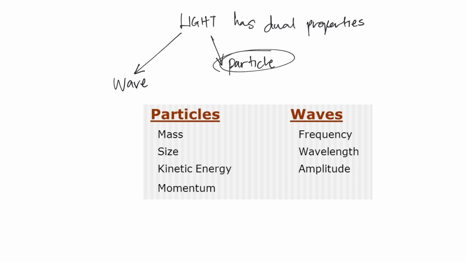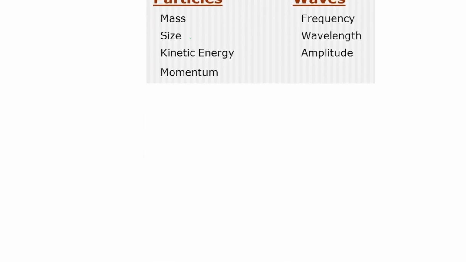But the particle side of light gives you mass, it has size, it has kinetic energy, it has momentum. So when we're looking at light in this section, our main focus is going to be on the electrons. So we're going to look at electrons in the outermost shell.